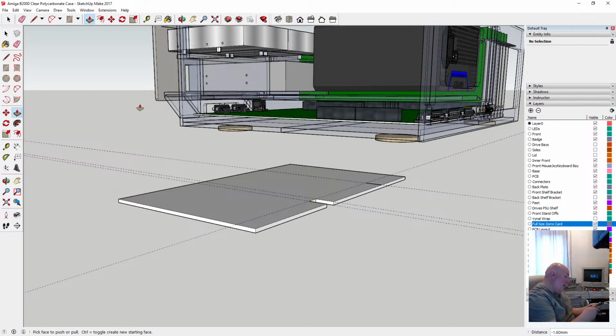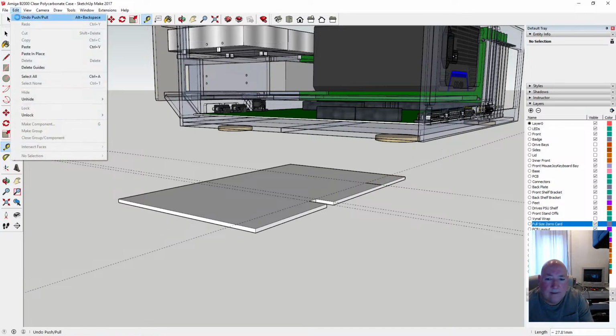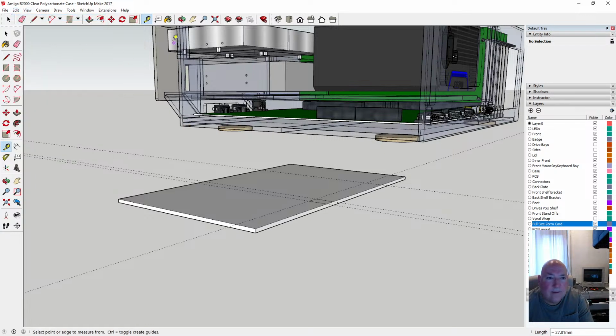So we've got a slot here of 7.5. We're slightly different here. 10mm. 10mm back on this one. Let's undo, push, pull. Right, so 10mm.